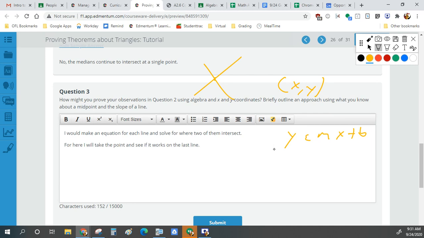By making them equal, I can figure out where they cross. And then I'm going to take this x and y and plug it into the final line. I should put a 3 here because we had 3 lines. Keep in mind that a subscript 3 is not saying multiply, it's just saying this is a different line entirely. We're just using a different variable. So that's how I would do it.